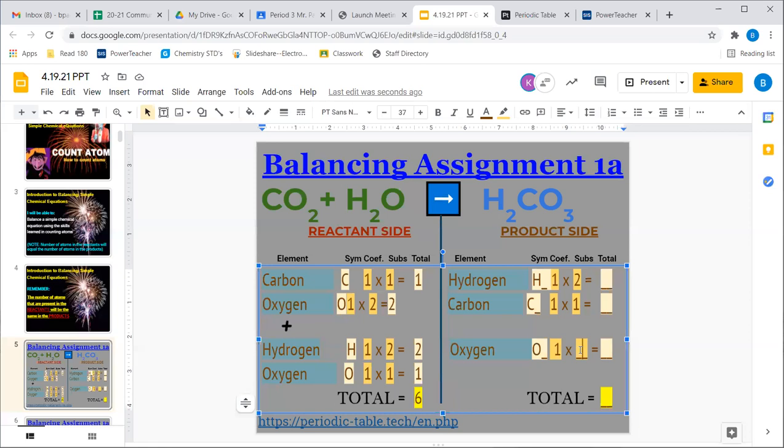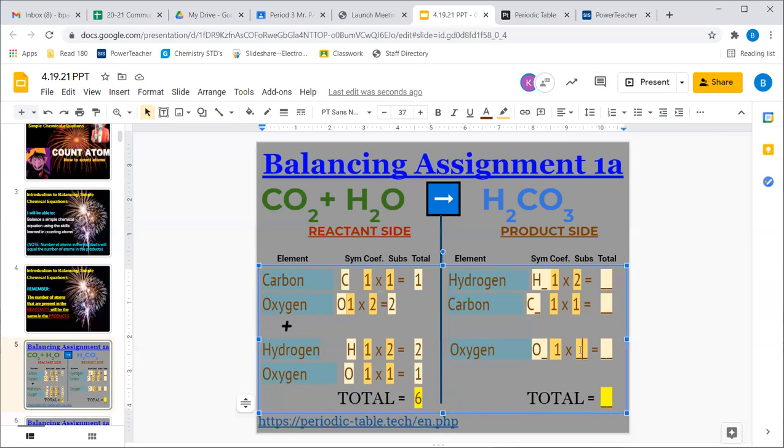One more time, because I said 1 first. What is the little number that follows oxygen? What number do you see? One more time. 2? Okay. No, stop. Wait, 1.